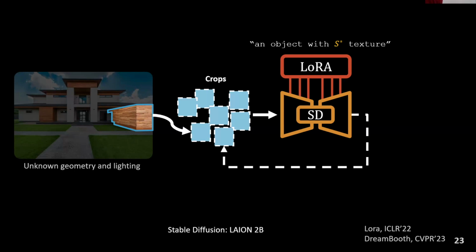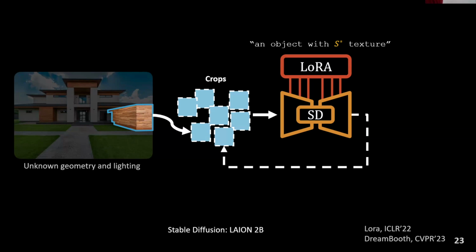And what that Stable Diffusion is optimizing for is replicating this input region, or one of these crops, if you prefer, such that it matches this prompt. In the paper, we lay out this kind of prompt. As for all prompt work, there's a lot of prompt engineering always required in the background.